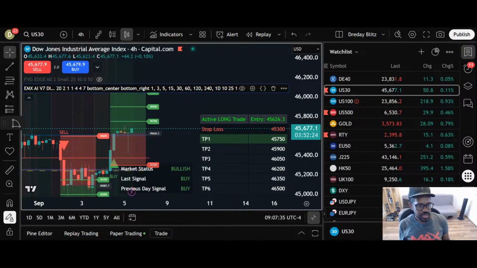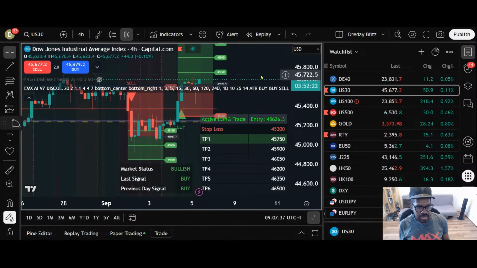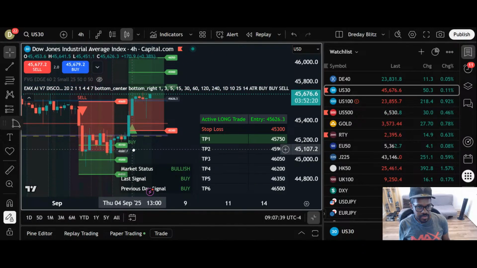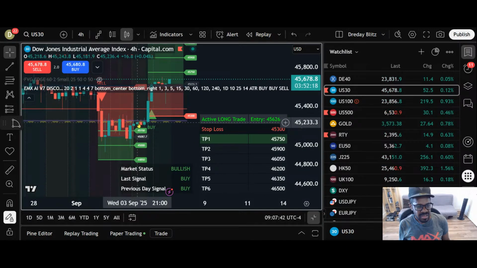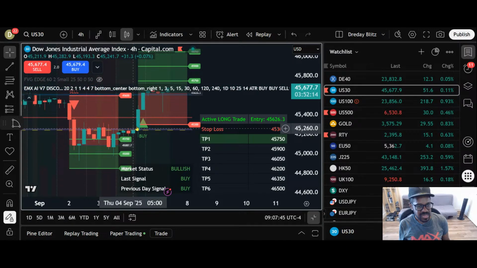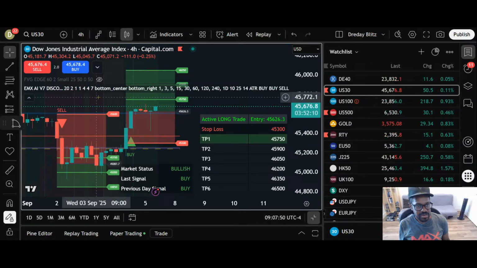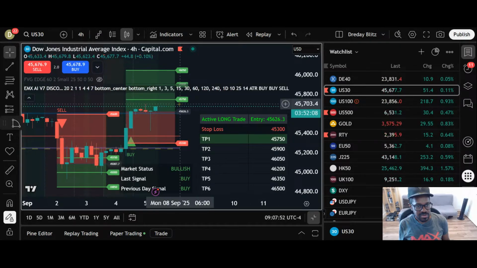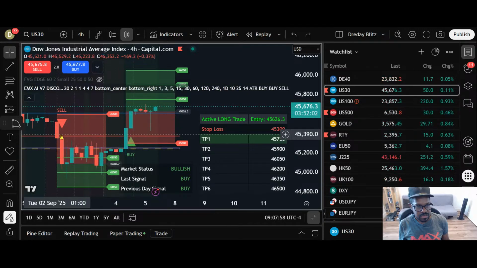And those were the moves that we had Wednesday. Exactly. So Wednesday it was a bullish setup. So that move was already done. So I always say to not chase the move after the move is done.